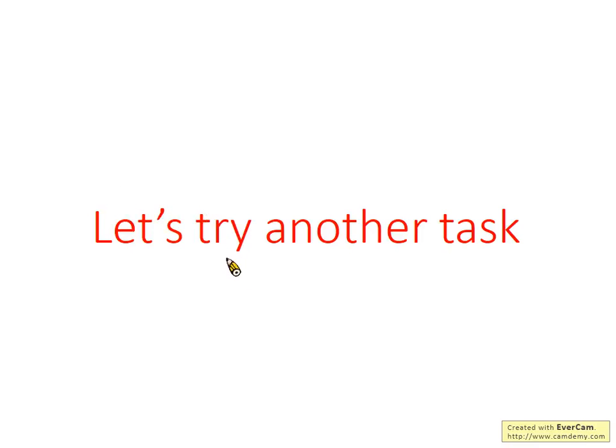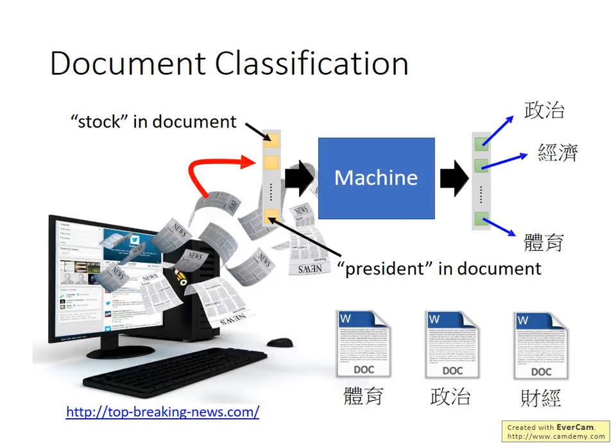Till now, we always used digit image recognition as the example, but deep learning can be widely applied to many different applications. So let's try another task: document classification. We can represent a document by a vector.